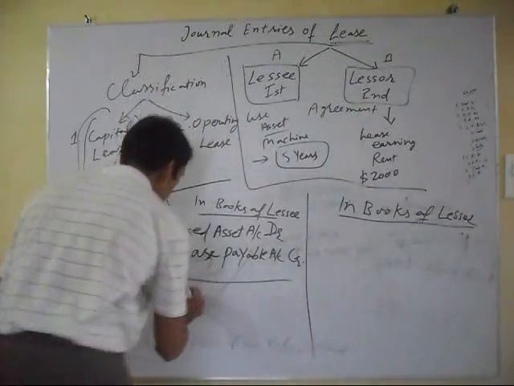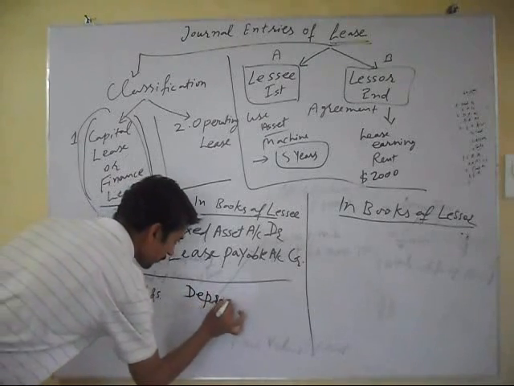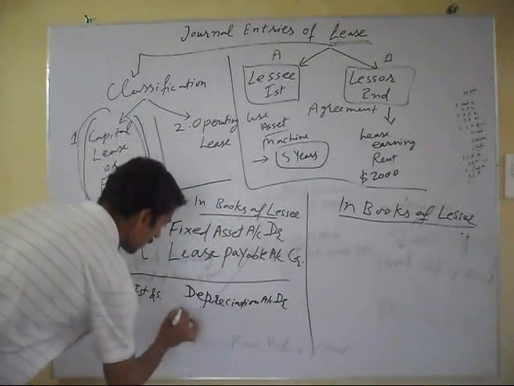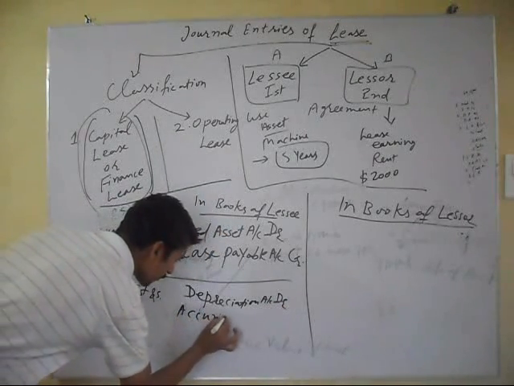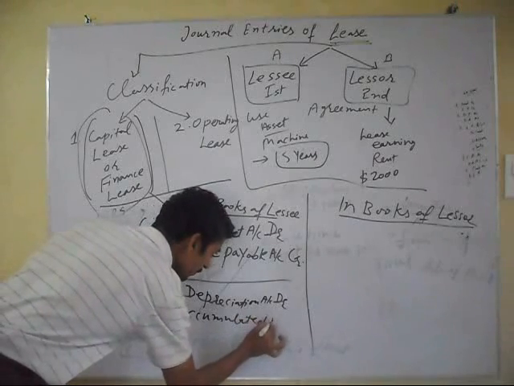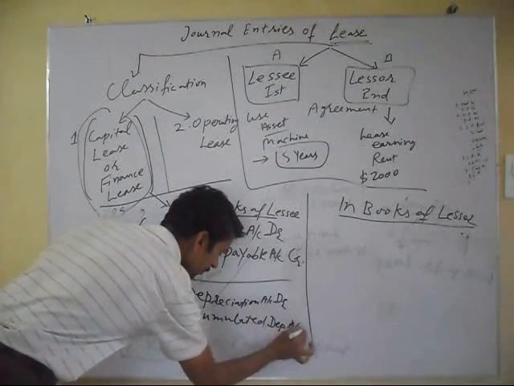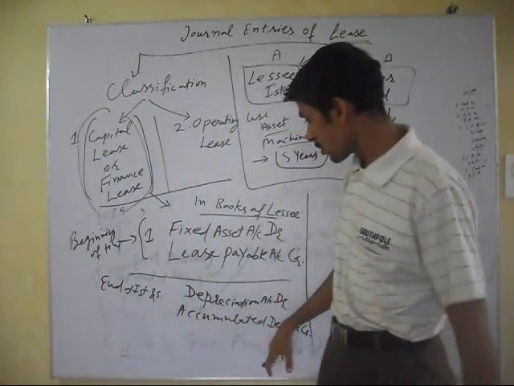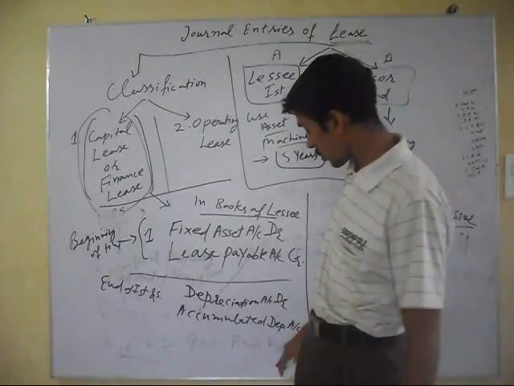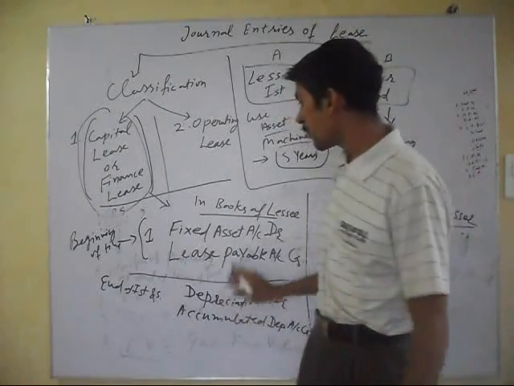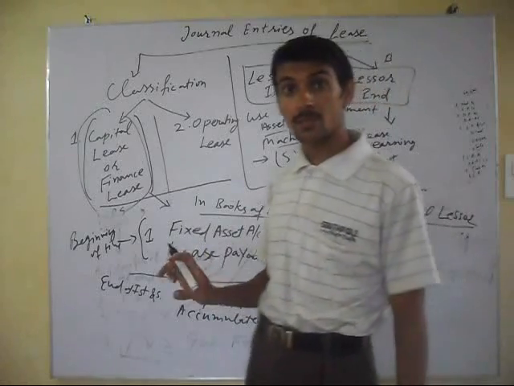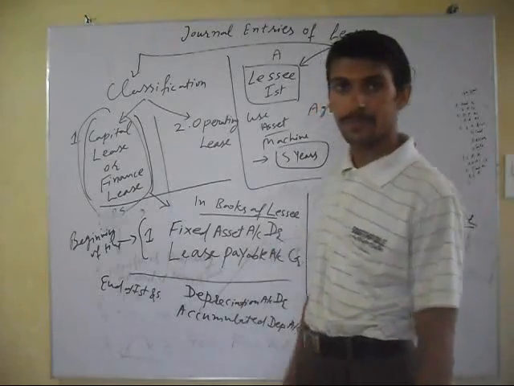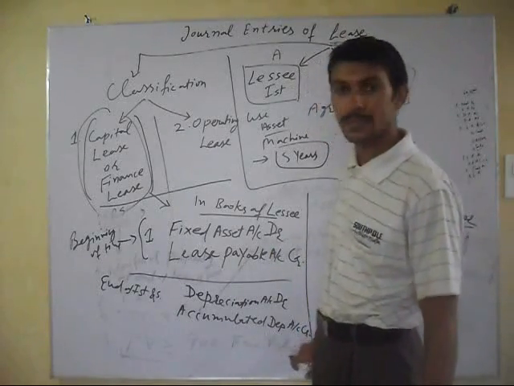So we will say depreciation account debit, accumulated depreciation account credit. We transfer all depreciation to the accumulated depreciation account. So the value of the leased asset will not change, and we show this amount on the credit side of the balance sheet.